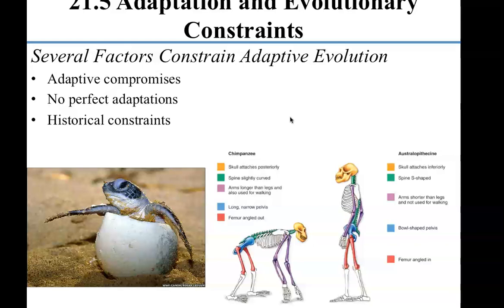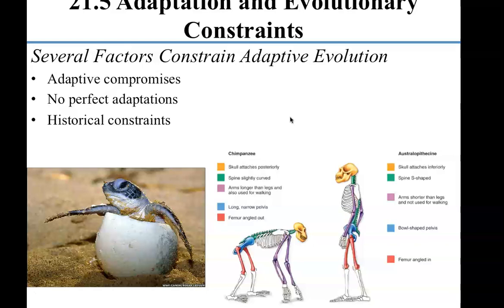A common example here is how humans walk on two legs, and that works great. That's a good adaptation for us. It frees up our hands to use tools and to carry things and so on. But through most of human evolution, the evolution of humans' ancestors, our skeleton was adapted to walk around on all fours.